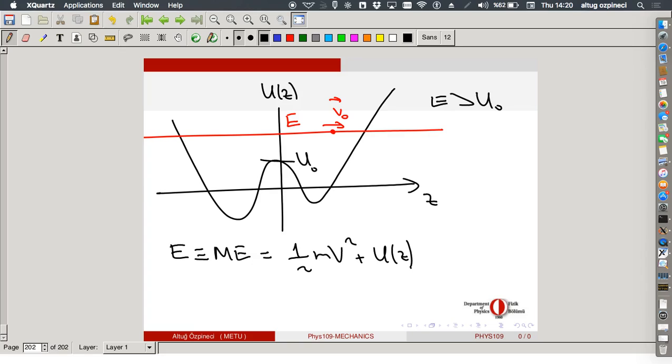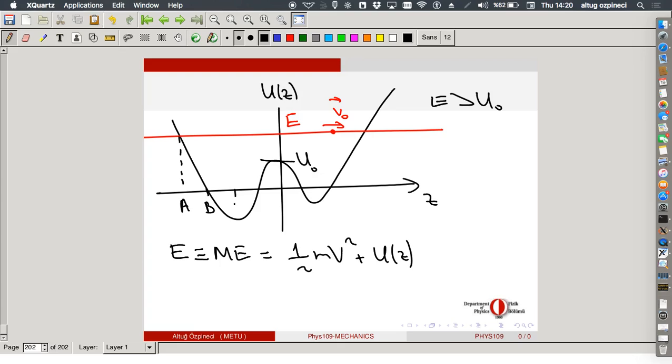What happens to u of z? u of z is increasing. From here, if you go to here, u of z has a larger value. But if u of z is increasing, the sum should be constant. So what happens to v? It should decrease.